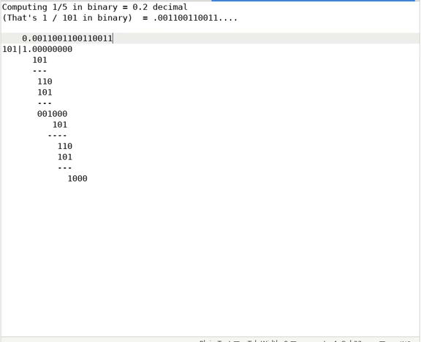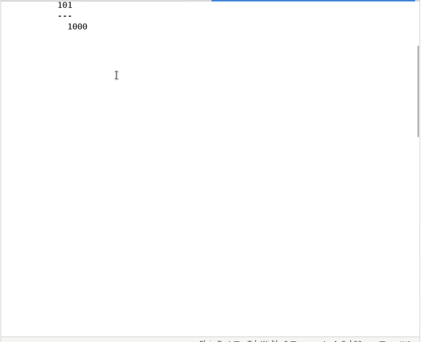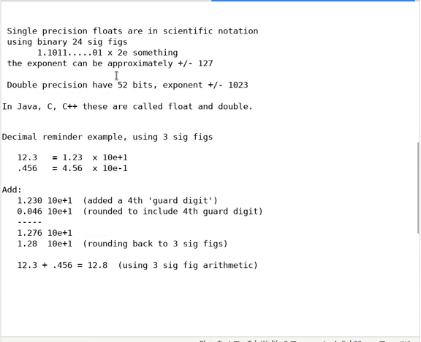So that's the first phenomenon that we need to notice that shows us that these floating point numbers in computers are going to be just a little bit different and slightly more dangerous than the decimal numbers that we're accustomed to. Going down a little bit, let's think a little bit about computing using fixed numbers of significant figures.